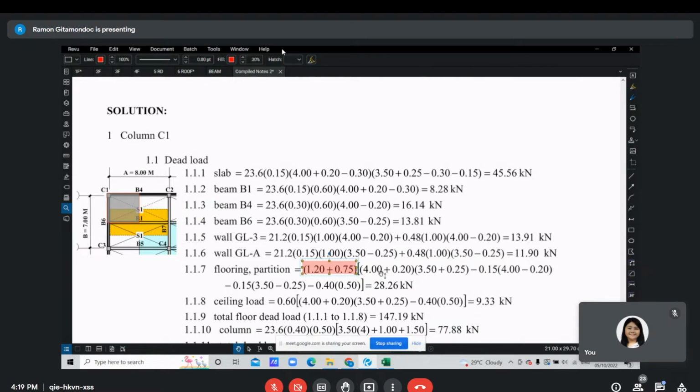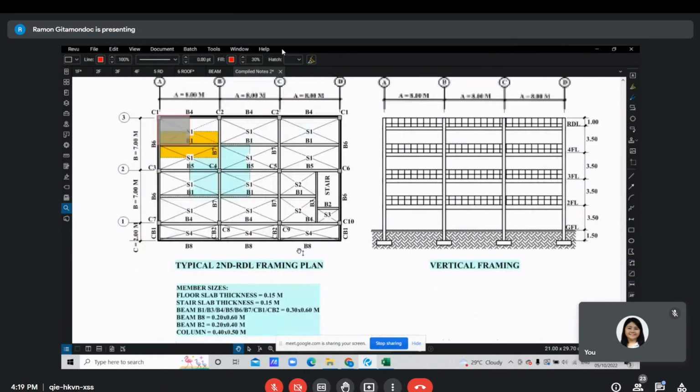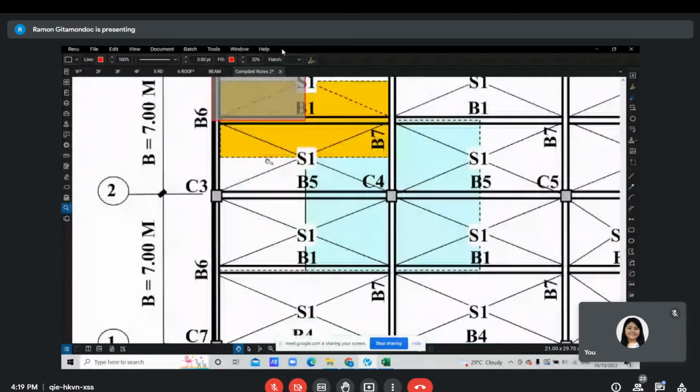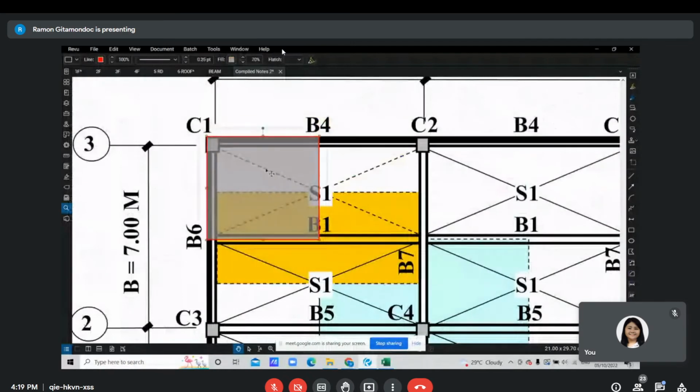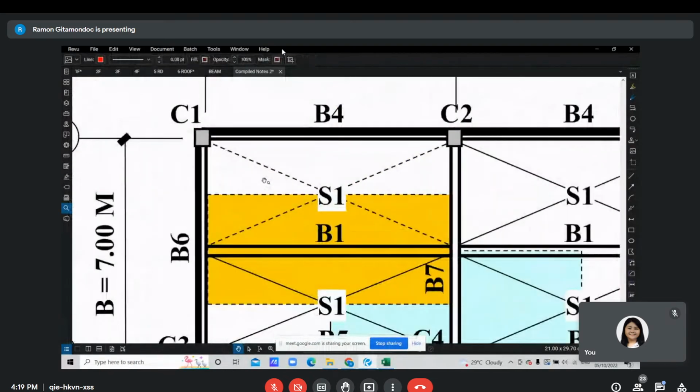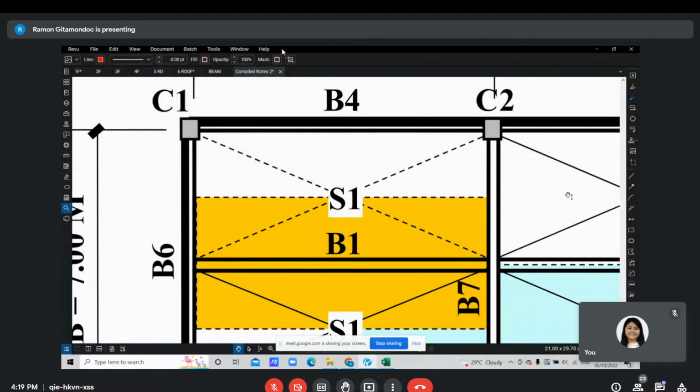So if we zoom in, which portion will be covered by the tiling? Under the CHB wall, there is no tile there. So you don't include the area under the CHB.